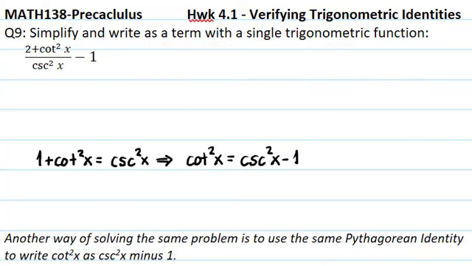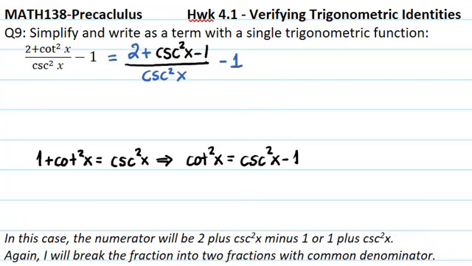Another way of solving the same problem is to use the same Pythagorean identity and write cotangent squared of x as cosecant squared of x minus 1. In this case, the numerator will be 2 plus cosecant squared of x minus 1, or 1 plus cosecant squared of x.